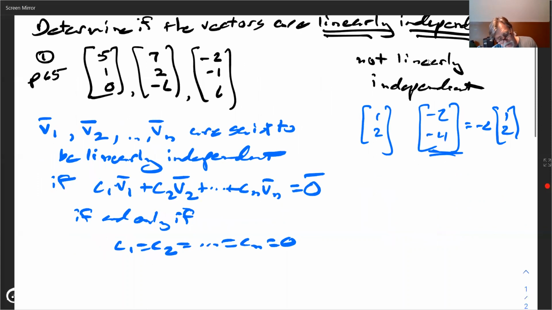And what that really means is only the trivial solution works.